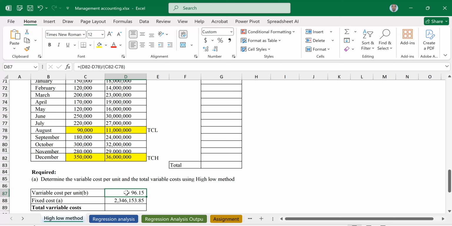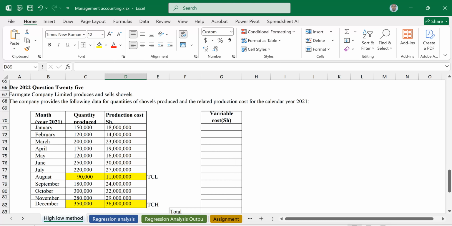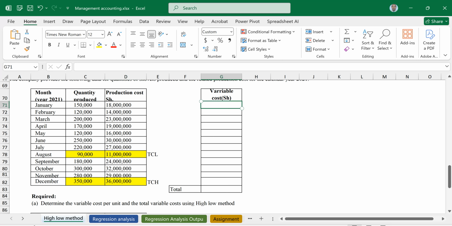This is the variable cost per unit, and they also want the total variable cost using the high-low method. For you to get the total variable cost, you need to get the variable cost per unit per month. We want to get the variable cost per unit per month, then we'll add all of them, which is why we have variable cost per unit per month up there, equal sign.